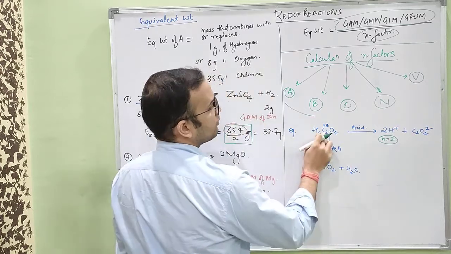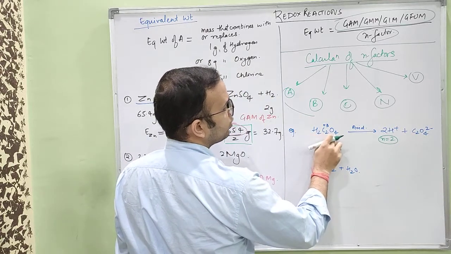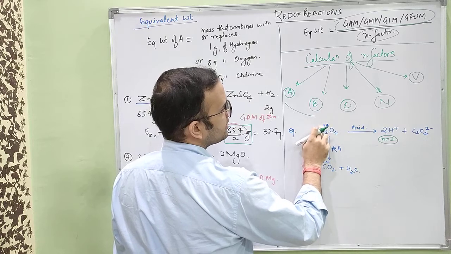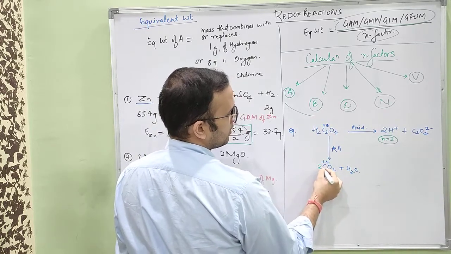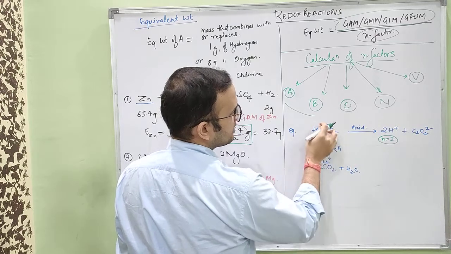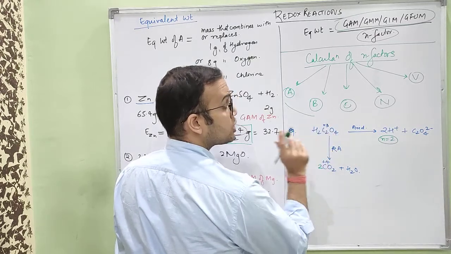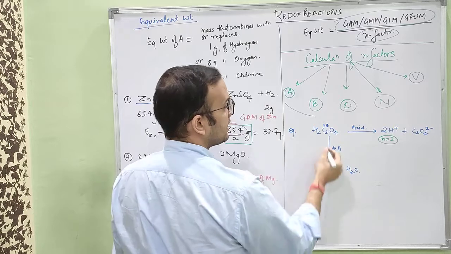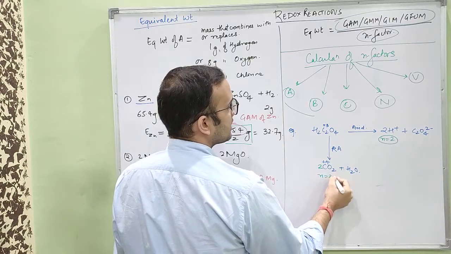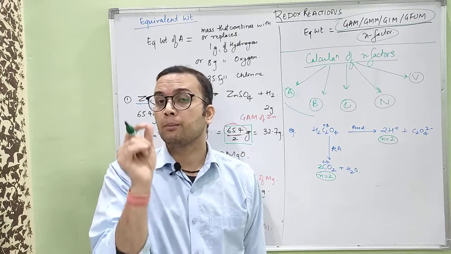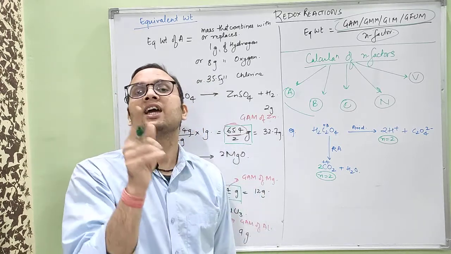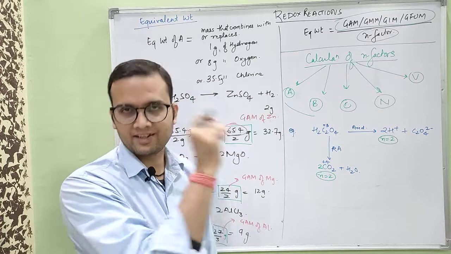Here you can see for one molecule, how many electrons is it donating? +3 to +4. If we balance this, that means +6 to +8, that means 2 electrons are being given by this. Here also we can see that n equals 2. The number of electrons lost or gained per mole of that species is called its n factor.